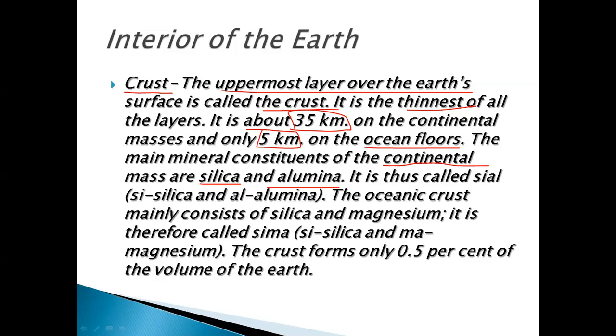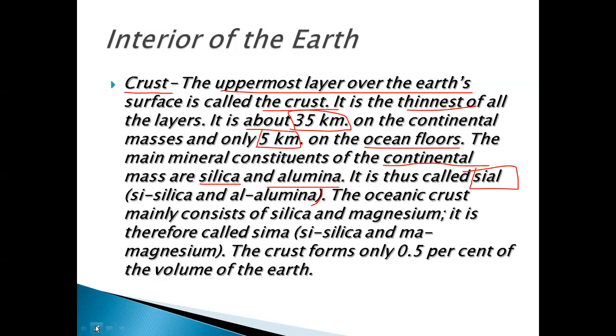But if it says what is the mineral present in continental mass, that time we'll say crust. So both the questions are different, but the answer is the same. The word crust is nothing but silica and alumina. You can write in the bracket for the question of crust.